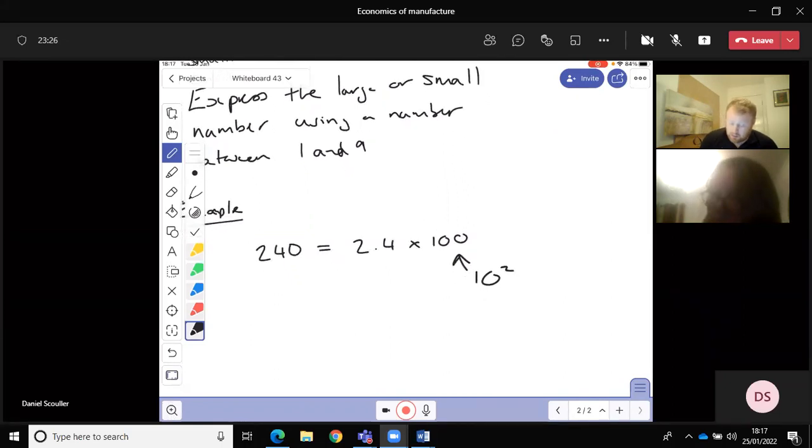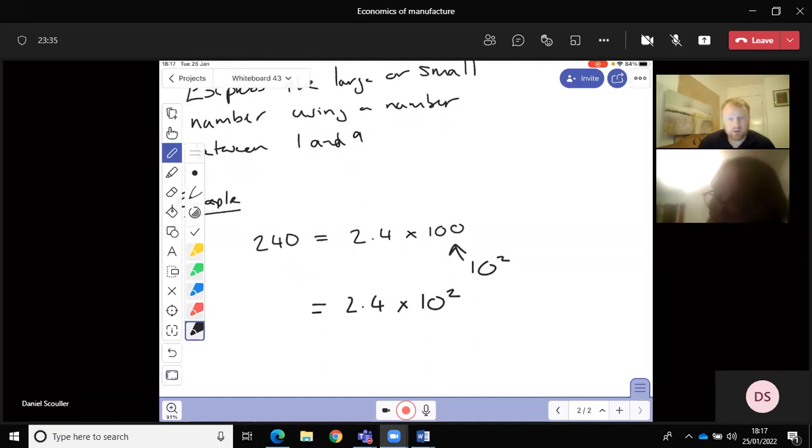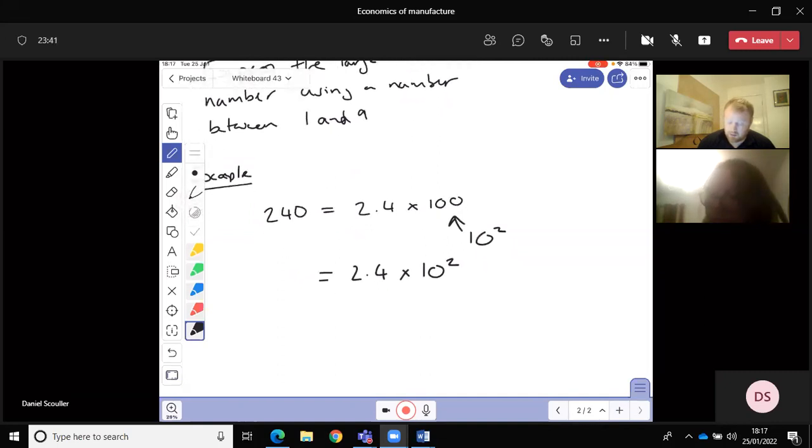Now we know that 100 can also be written as 10 squared, 10 to the power of 2. So we can write 240 as 2.4 times 10 to the power of 2. Now obviously we don't want to write this part out every time, but we want to express a larger number in this sort of format.